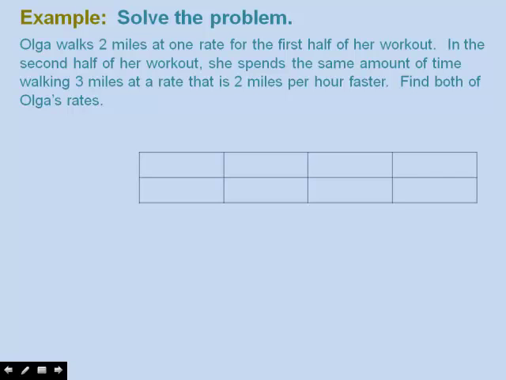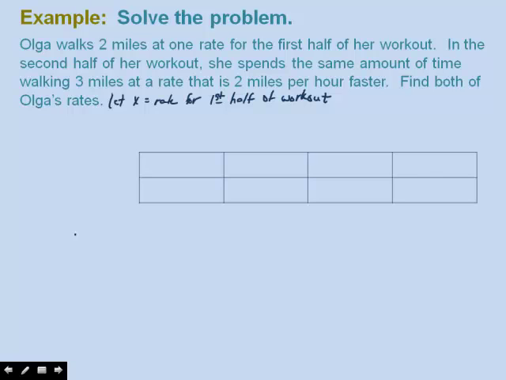The problem is actually asking for two different quantities. So we'll have to pick one or the other of them to be our variable. So let's just say that x is her rate for the first half of the workout. Because we've got one rate for the first half, one rate for the second half, we just have to pick one or the other of them to be our variable.